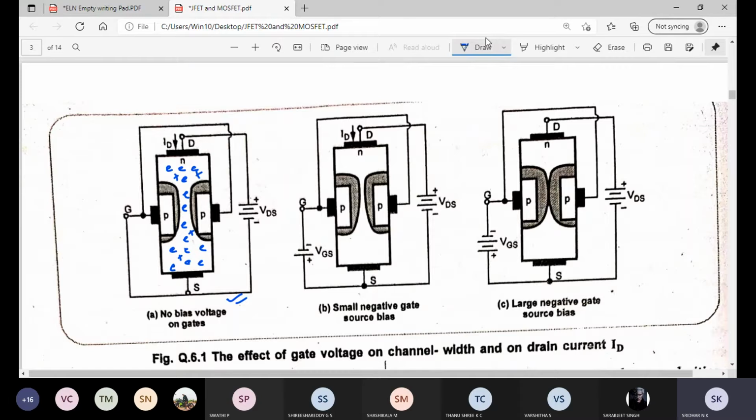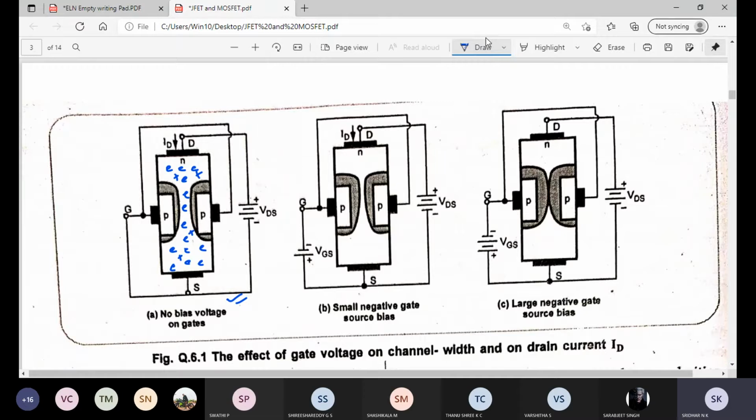Now always remember, how to bias this, the concept I'll teach you now. Always remember the majority charge carriers which are there in this channel, whether N channel or P channel.